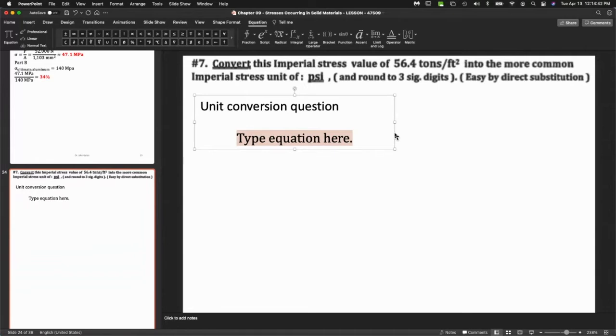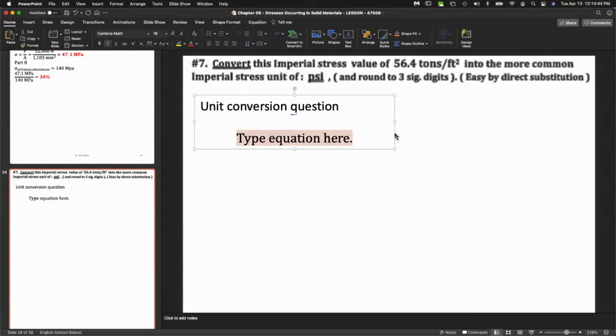So the question is, do you remember what a PSI is? What does 1 PSI mean? What does it stand for? 1 what? Anybody in the chat there?